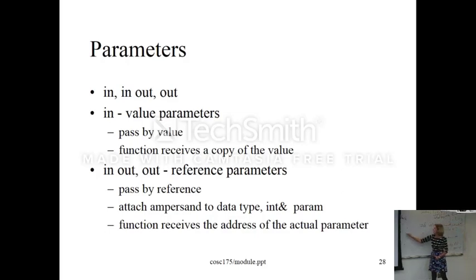So if A is at location 1000, which is not really a true location most likely, okay? This guy gets the location 1000, and if I change area here, I'm changing whatever was there. Okay, so if this was a 5, and this was a 10, and this is a 50, I'm changing it at the location. Remember I said, I know where you live. Okay? If I know where you live, it's a threat, right?